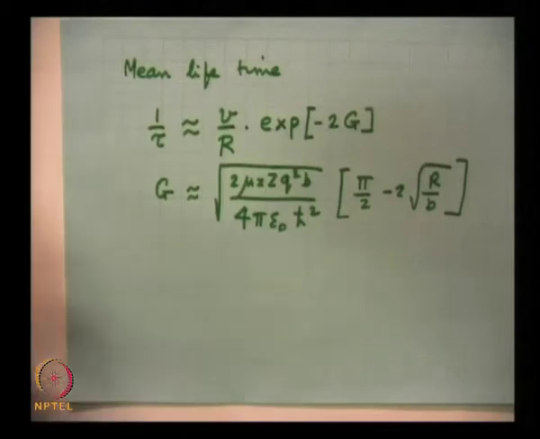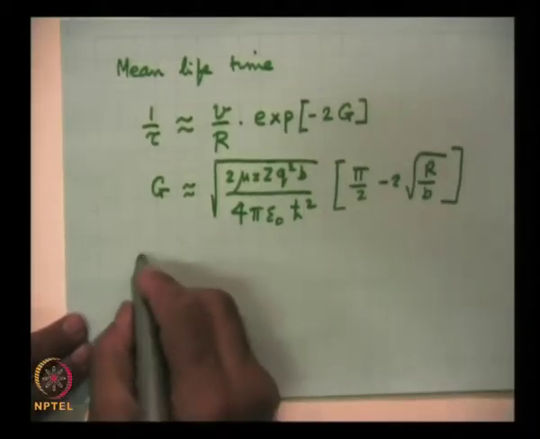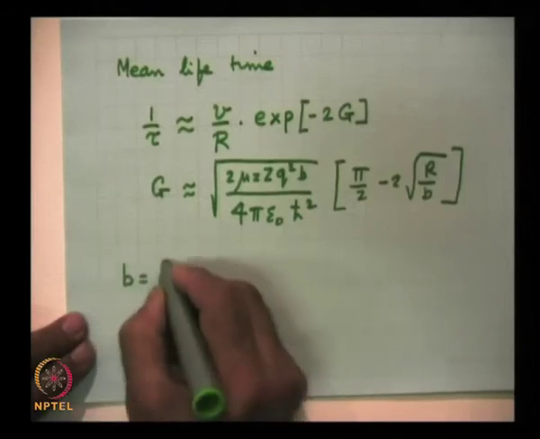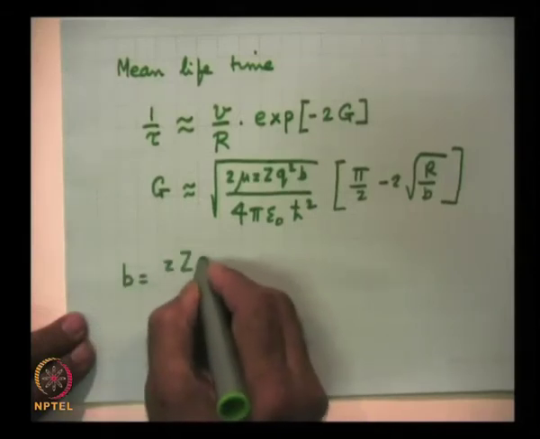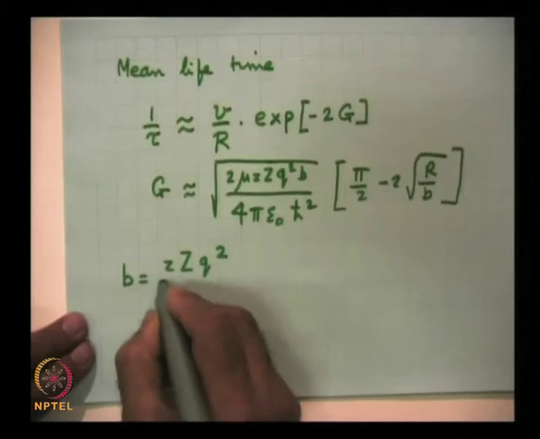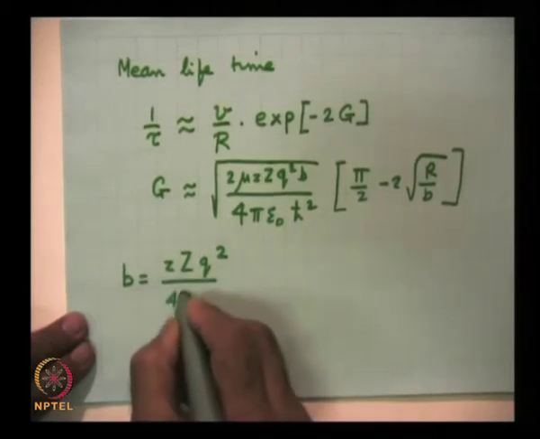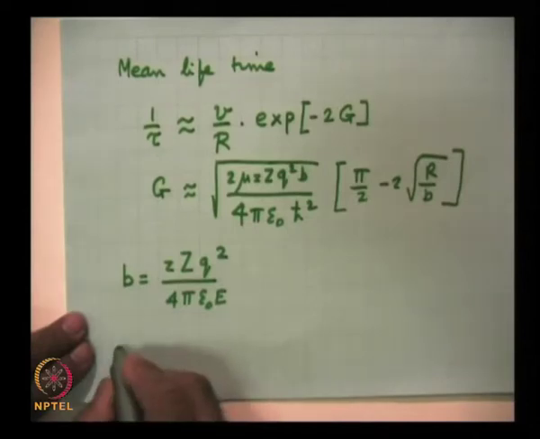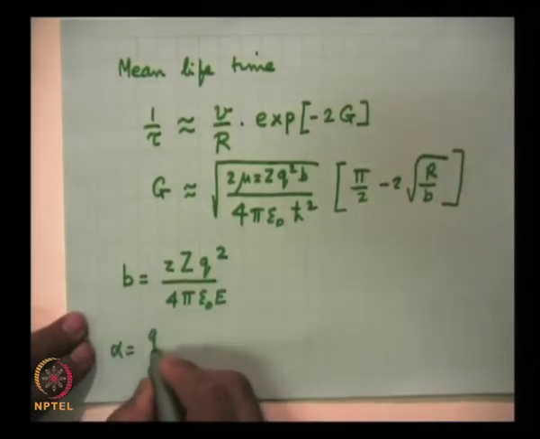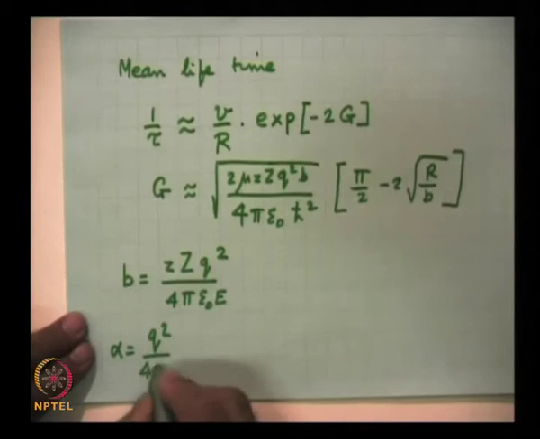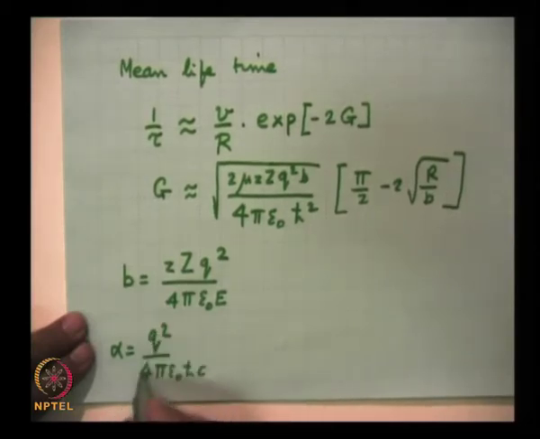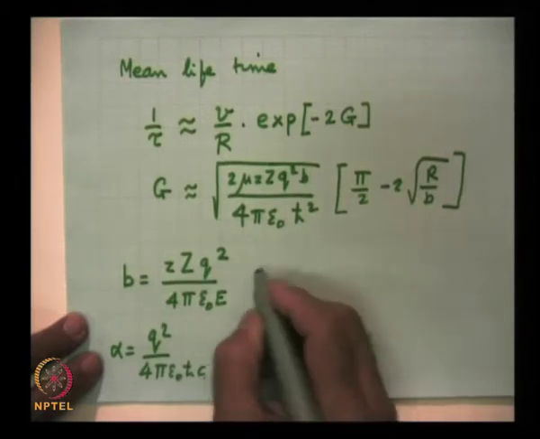Let me tell you a simple thing, that b is equal to z q square by 4 pi epsilon naught e. As you know, the fine structure constant is q square by 4 pi epsilon naught h cross c, which is very easy to remember. So q square by 4 pi epsilon naught is alpha times h cross c.